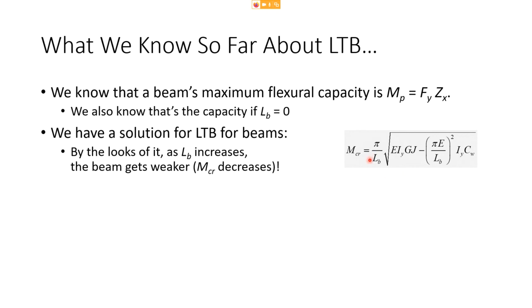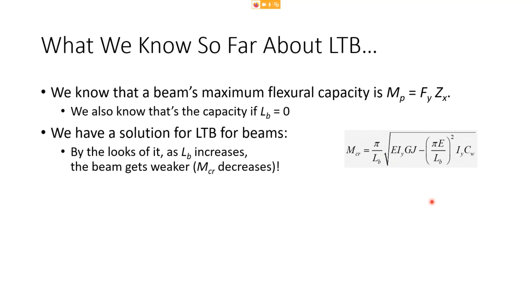So as the unbraced length gets bigger, take a look at what happens to the equation. The unbraced length is in the denominator. The moment is being divided by LB. So as the term LB gets bigger, the moment capacity, the critical moment, gets smaller. As LB increases, the capacity decreases.